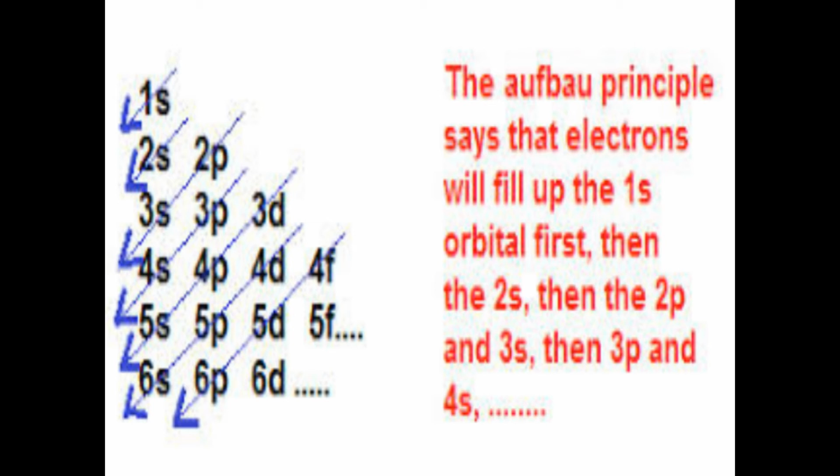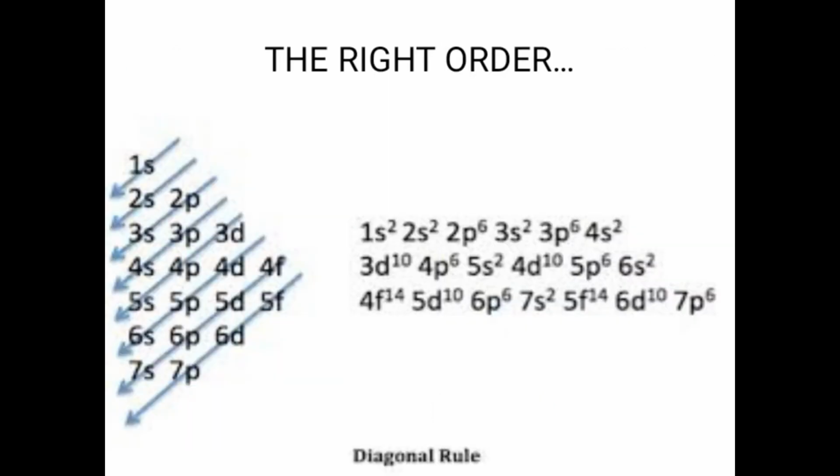So the first shell K has only one subshell, S. Then the second shell has two subshells, S and P. The third shell has three subshells, S, P, D, and the fourth shell has four subshells. All subshells are there, S, P, D and F. And from the fourth onward to higher energy states, there are four subshells in every shell. So here we see them again.